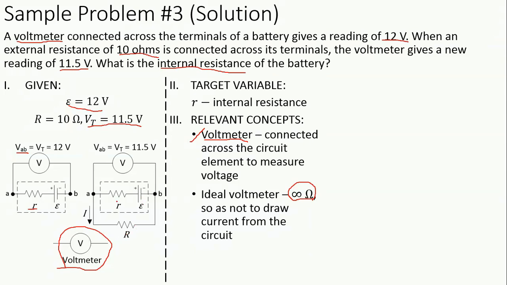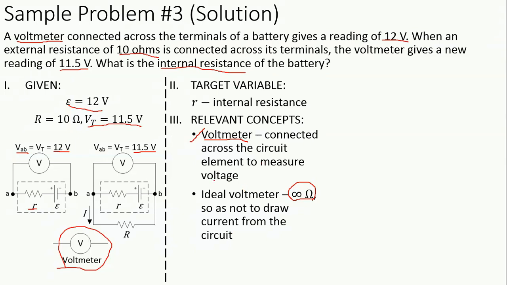So the current must come out of the positive terminal of the battery. Therefore, the reading of 11.5 volts is our terminal voltage, and the 12 volt reading is our EMF.